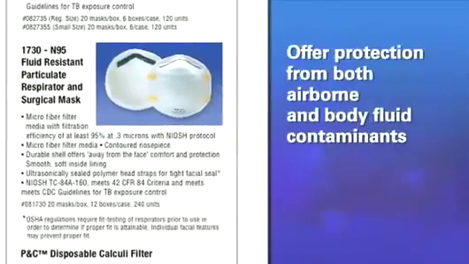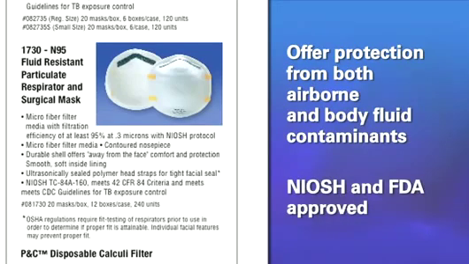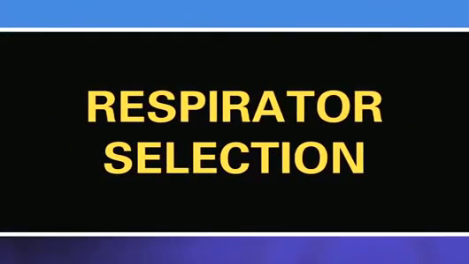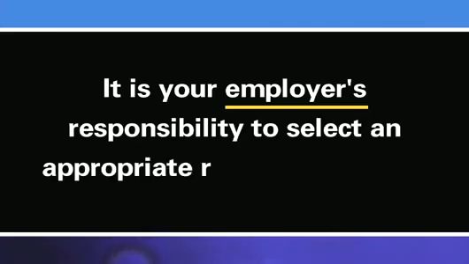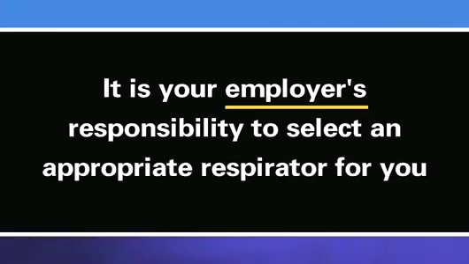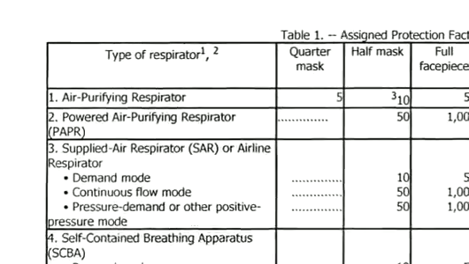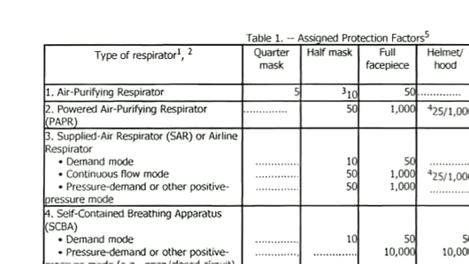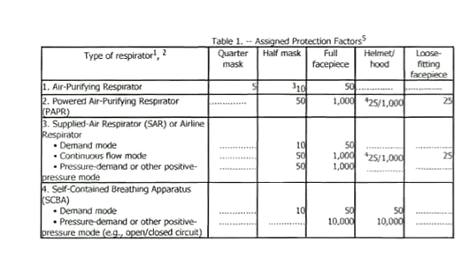Surgical N95 respirators offer protection from both airborne and body fluid contaminants and are approved by both NIOSH and the FDA. Your employer is responsible for selecting appropriate respirators when they are needed to protect you from airborne hazards. That selection is based in part on the level of protection a given type of respirator can provide.